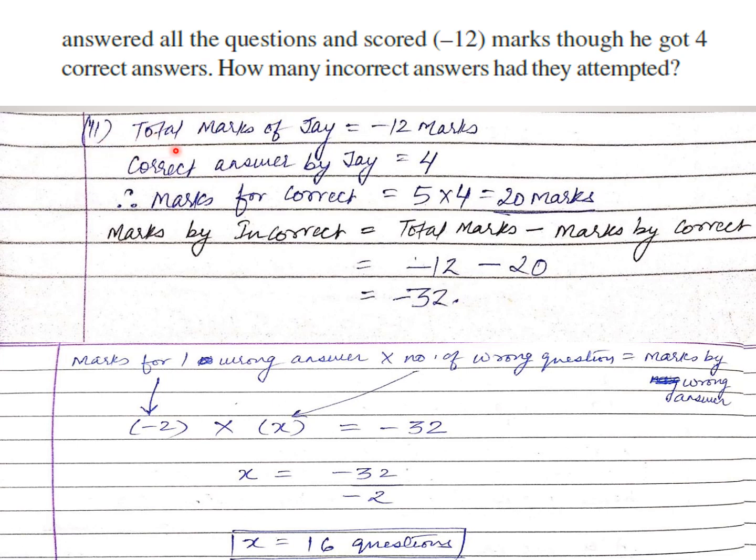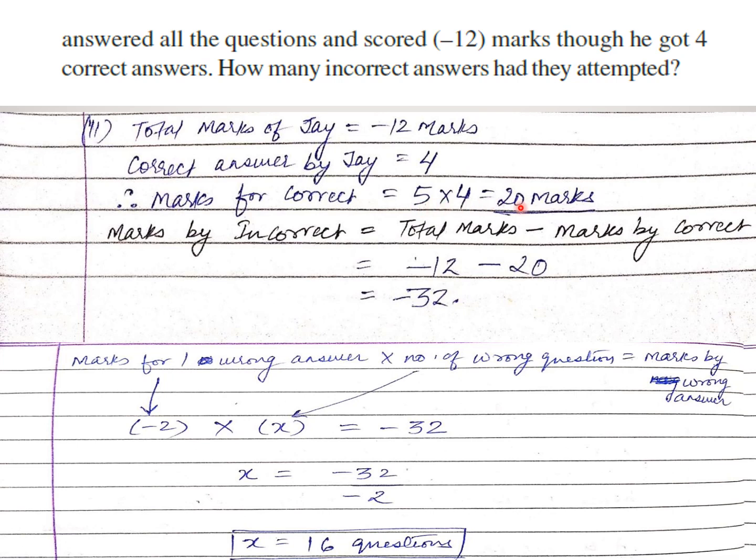First of all, total marks by Jay is minus 12 marks. Correct answers by Jay is 4. So if he has done 4 correct, how many marks has he obtained for correct? 5 into 4. We all know 1 correct question equals 5 marks. So 4 correct questions equal 5 into 4, that is 20 marks.